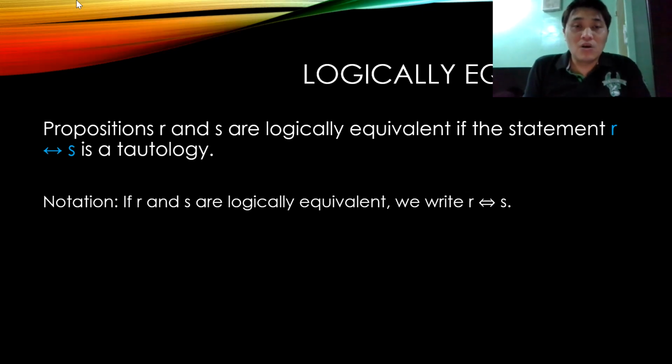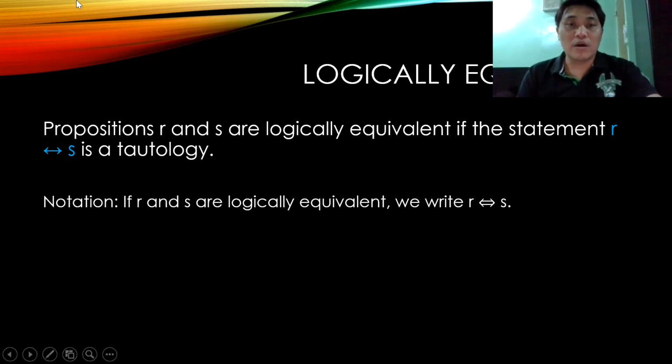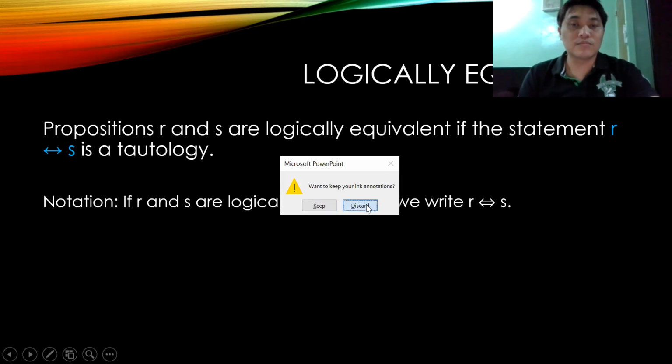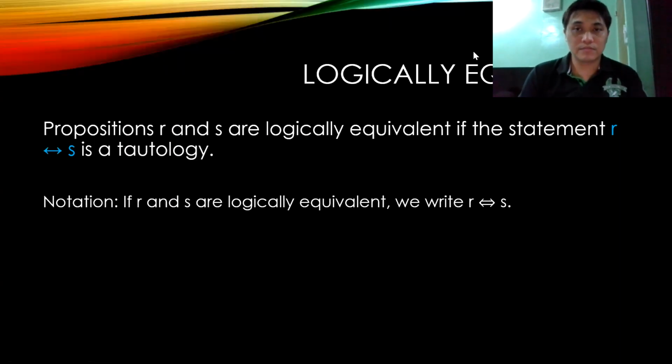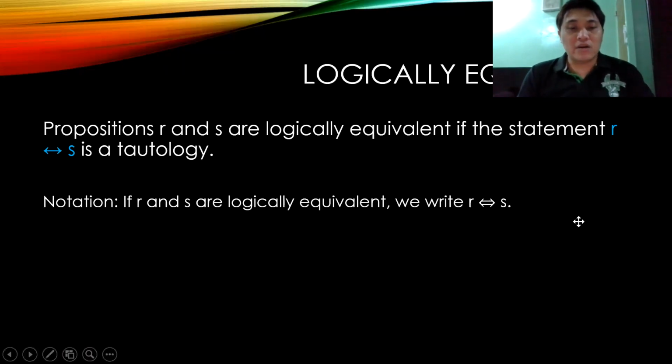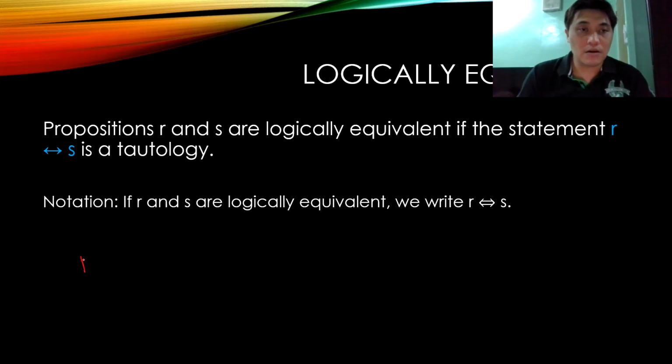If R and S are logically equivalent, we write R is logically equivalent to S. A second notation often used to mean statements R and S are logically equivalent is R is equivalent to S.